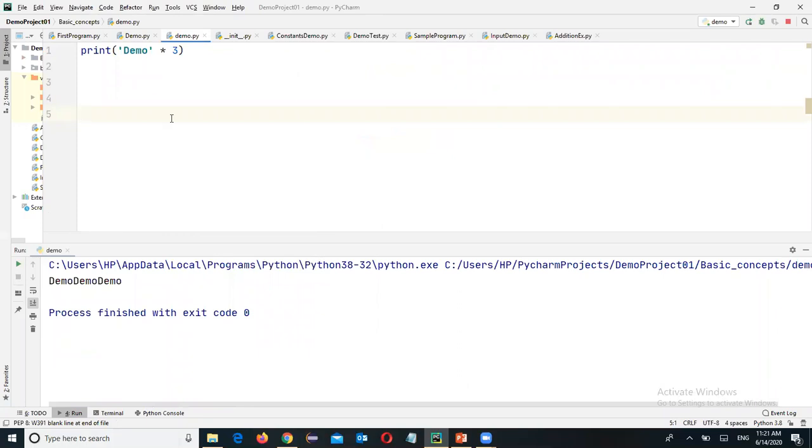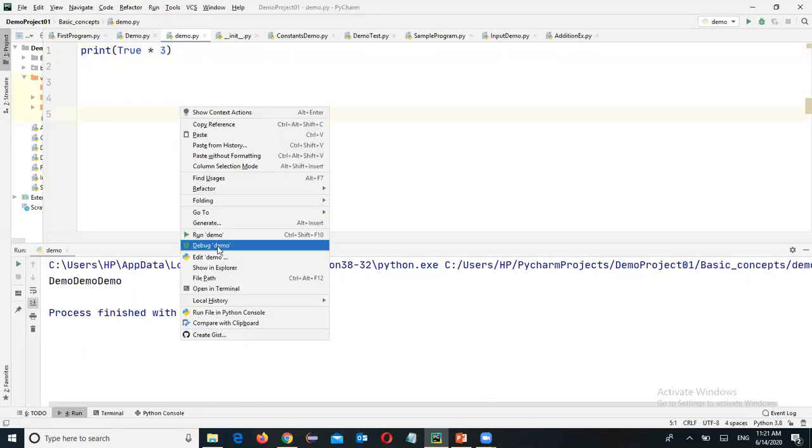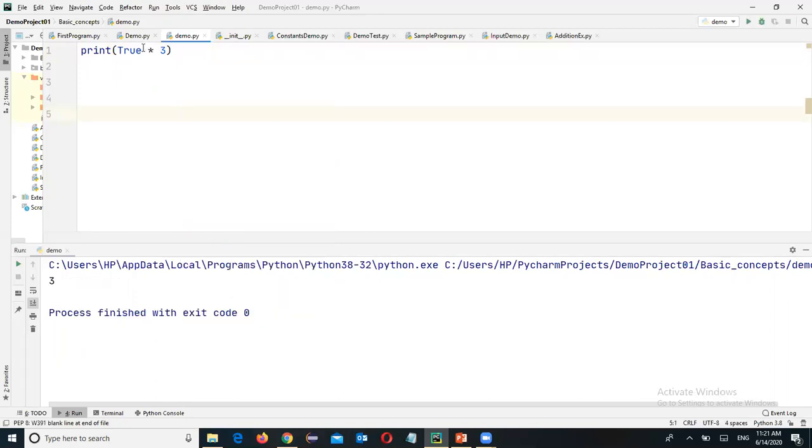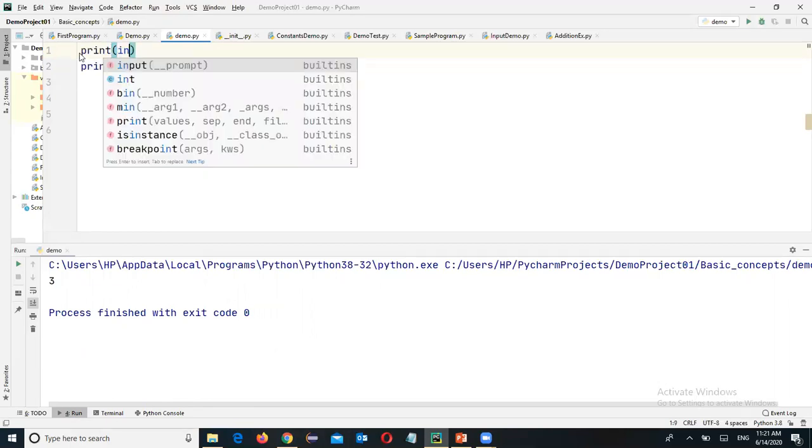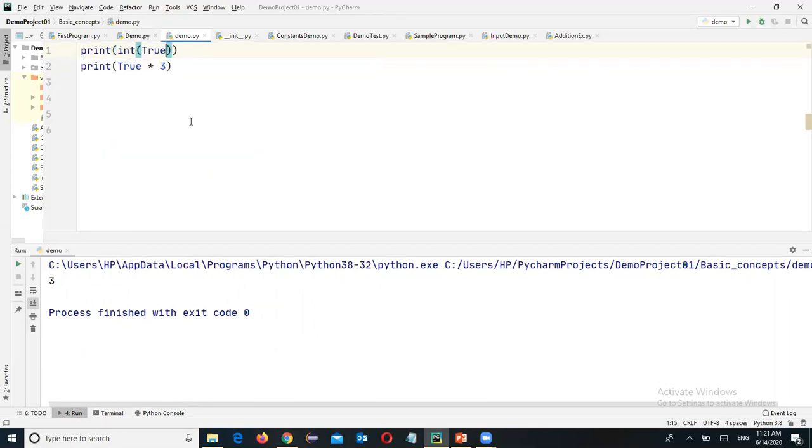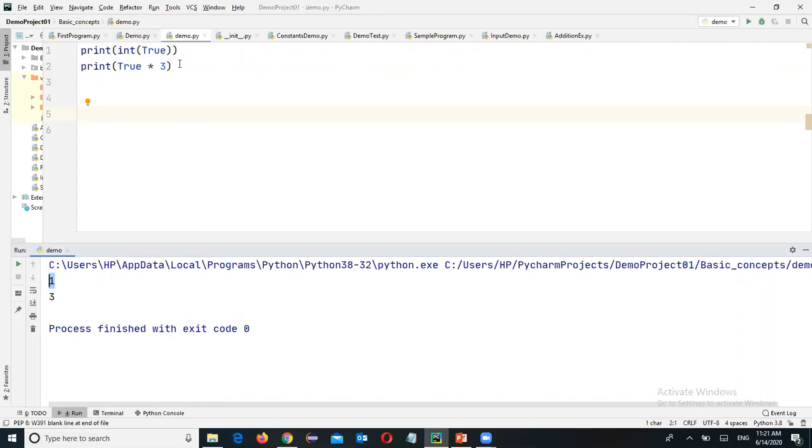String repetition works with the combination of one int and one string. If I give True multiplied by 3 and run it, it gives 3. Why? True by default returns 1 as an integer. From the data type conversion functions we discussed, int of True gives 1. So 1 multiplied by 3 gives 3.